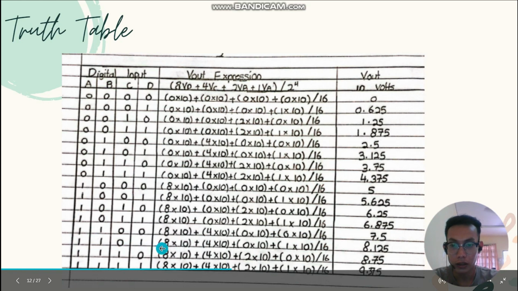1101: 8 times 10 plus 4 times 10 plus 0 times 10 plus 1 times 10 over 16, and we get 8.125 volt. 1110: 8 times 10 plus 4 times 10 plus 2 times 10 plus 0 times 10 divided by 16, so we get 8.75 volt.